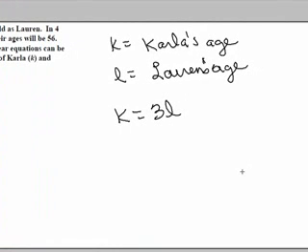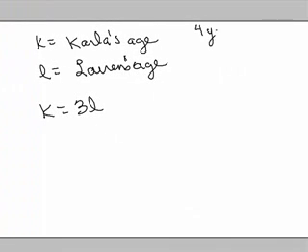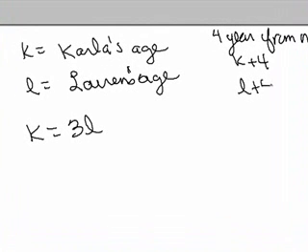Now, in 4 years, the sum of their ages will be 56. So 4 years from now, the sum of their ages would be 56. So I'm going to write 4 years from now. Carla is going to be K plus 4 years old, and Lauren is going to be L plus 4 years old.